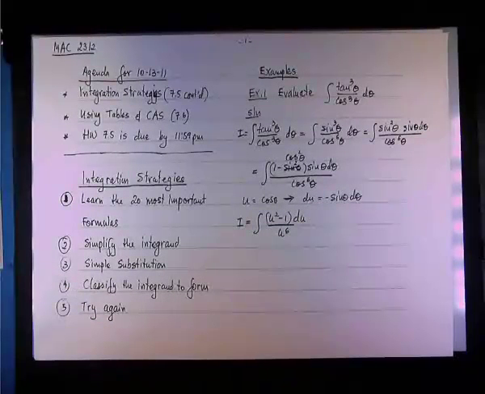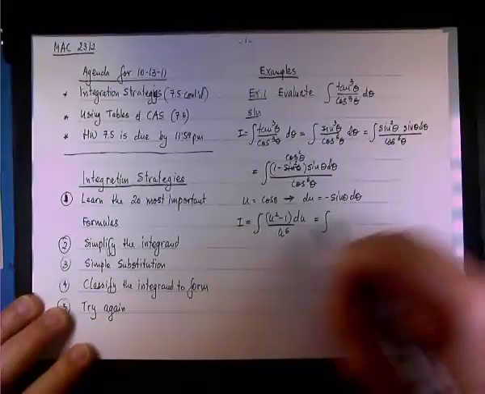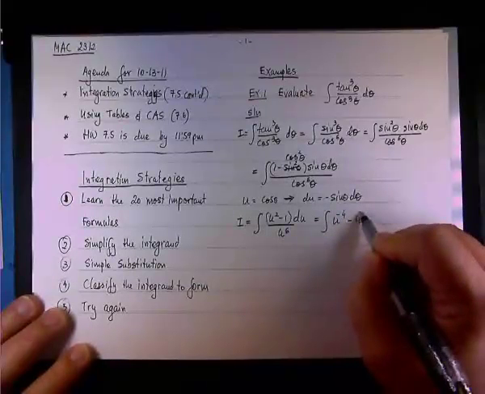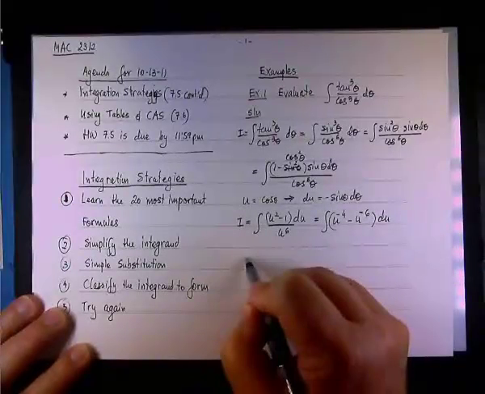And then you continue from here. At this point, you have the integral of u to the negative 4th minus the integral of u to the negative 6 du, and we are ready to continue.